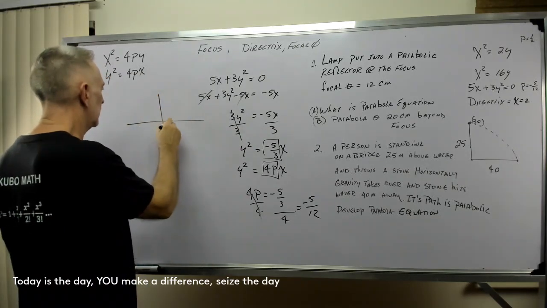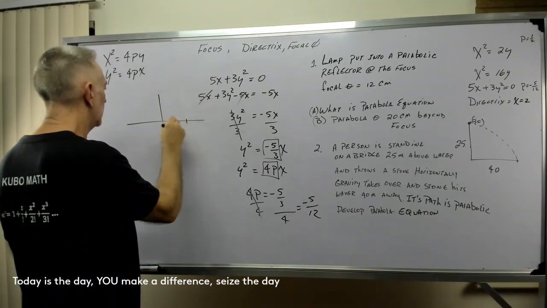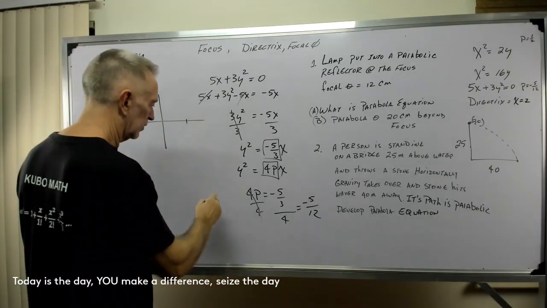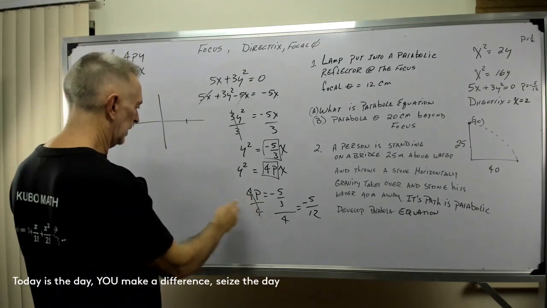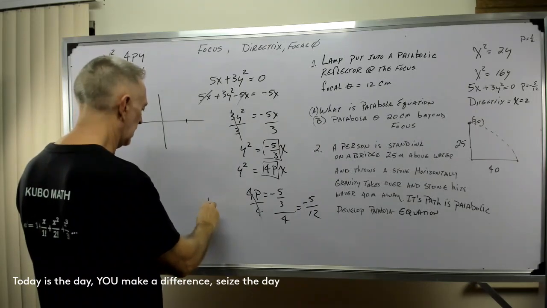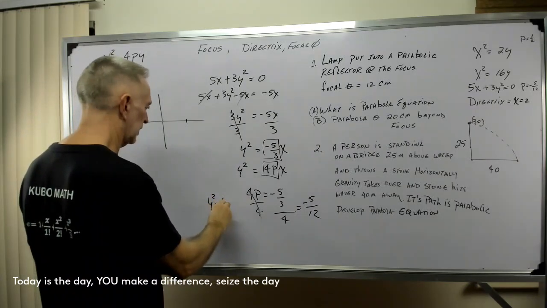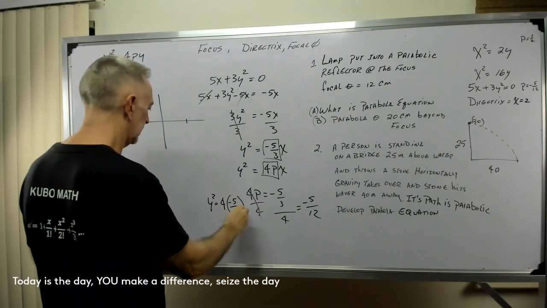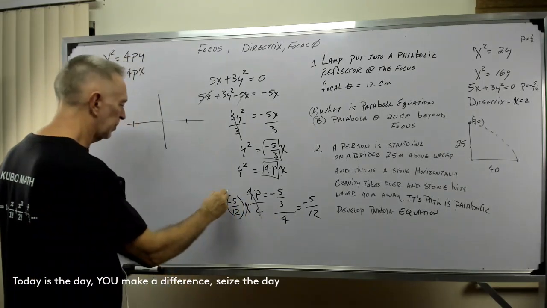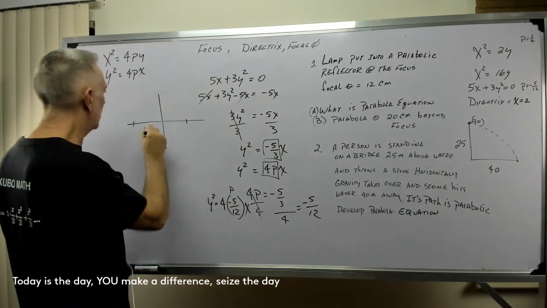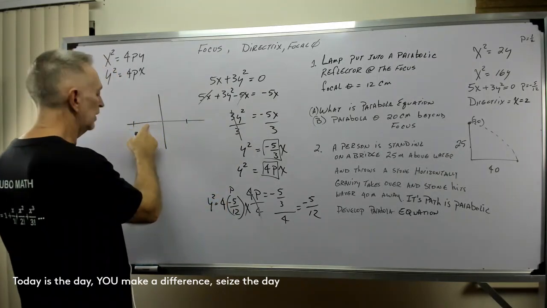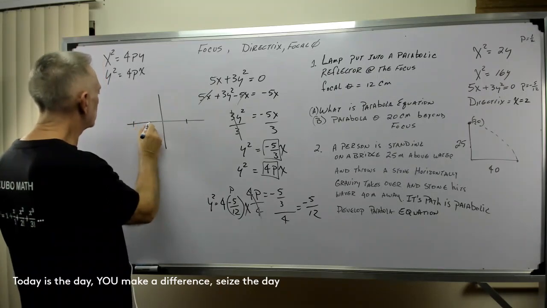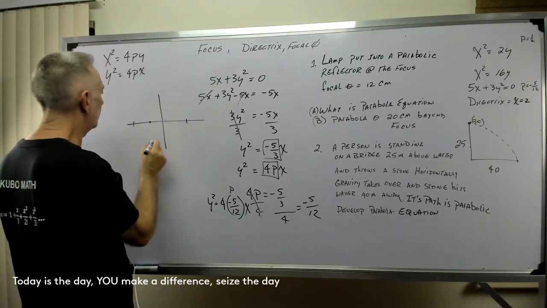It's kind of an odd number, isn't it? So my equation would be y squared equals 4 times negative 5/12 times x. If 12/12 is 1, 6/12 would be 1/2, so we're just a little bit less than 1/2 here.